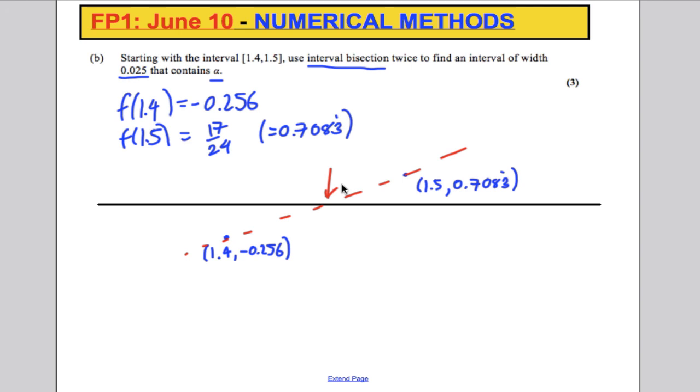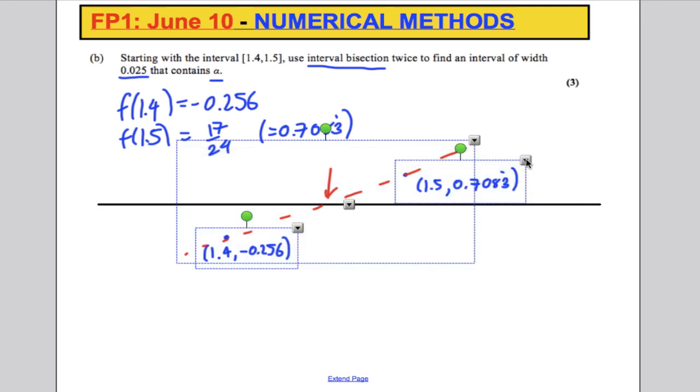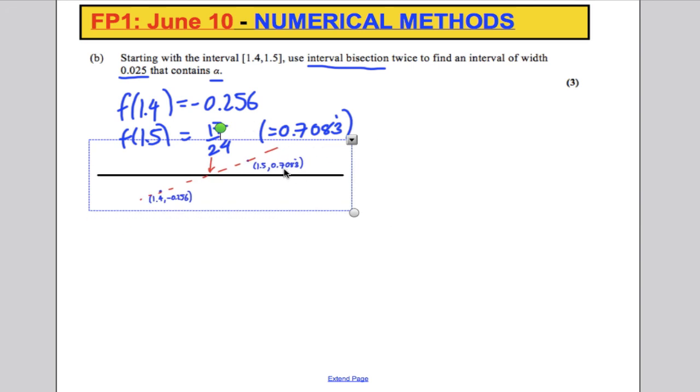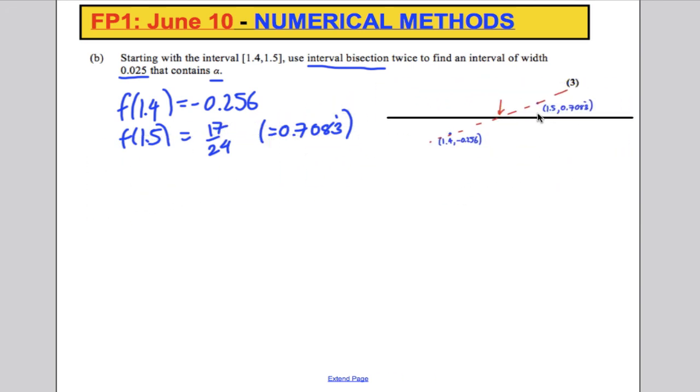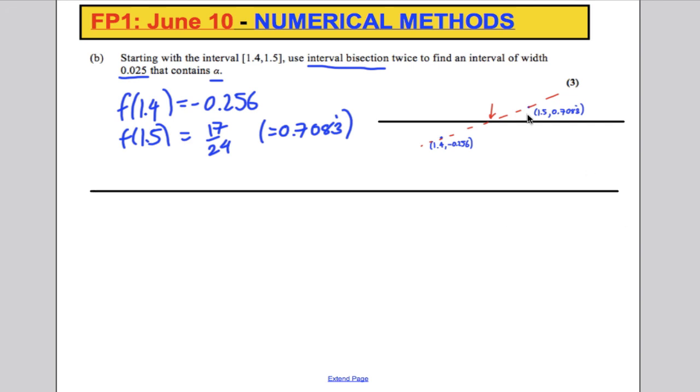Okay? So, we want to apply the interval bisection method twice. We're going to draw a table. Remember the table we draw.